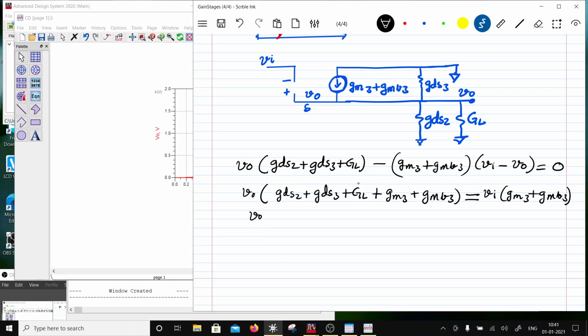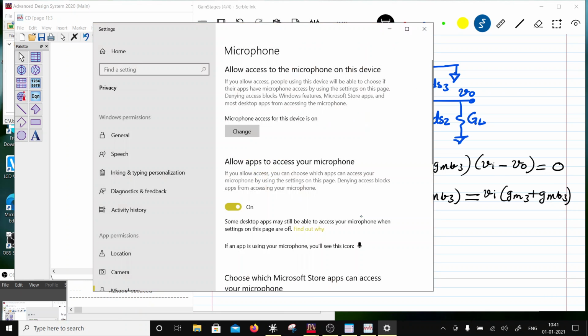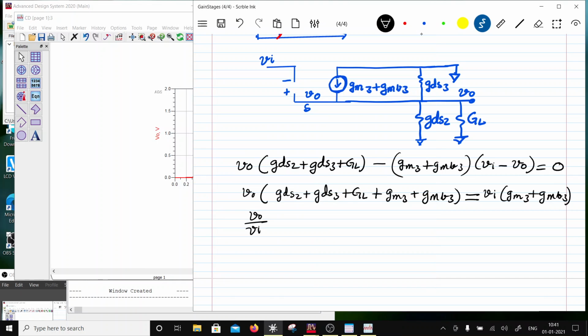So VO over VI. Let's assume that GL is equal to 0, right? So then I'm left with GM3 plus GMB3 divided by GDS2 plus GDS3 plus GM3 plus GMB3.